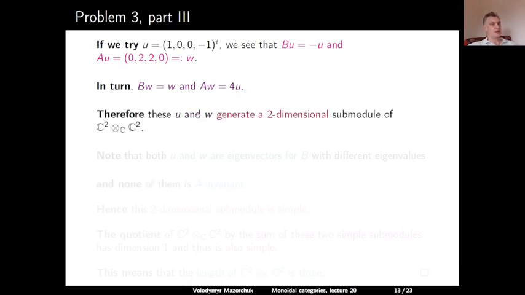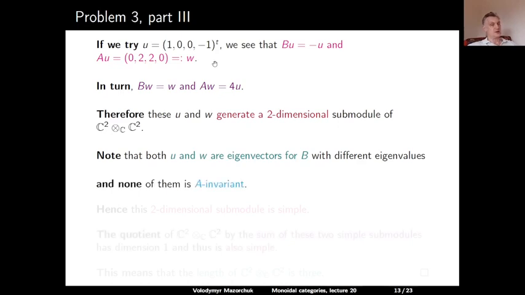So this means that u and w generate a two-dimensional submodule of our tensor product, but our two generators, u and w, of this submodule, they both are eigenvectors for b with different eigenvalues, and none of them is invariant under a. So this means that this two-dimensional submodule is actually simple.